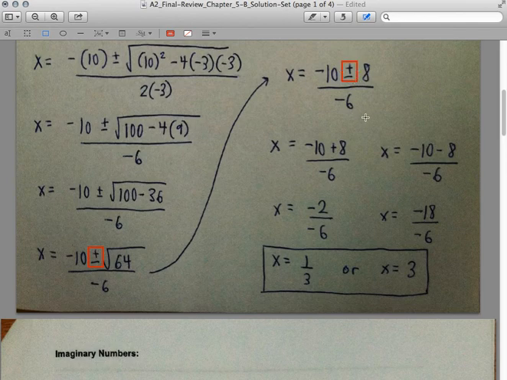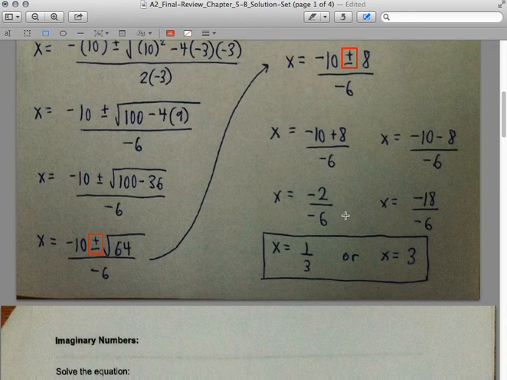That is what creates our two zeros, the two x-intercepts of the parabola, because now we have basically two separate numerators for our quadratic formula when we get to this stage. So we have -10 plus 8 divided by -6, and we also have -10 minus 8 divided by -6.